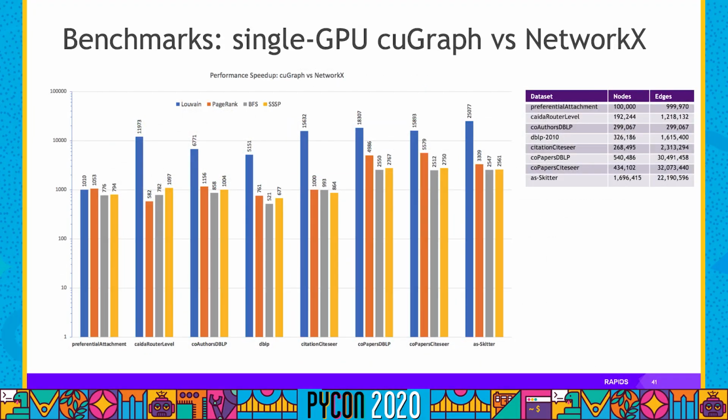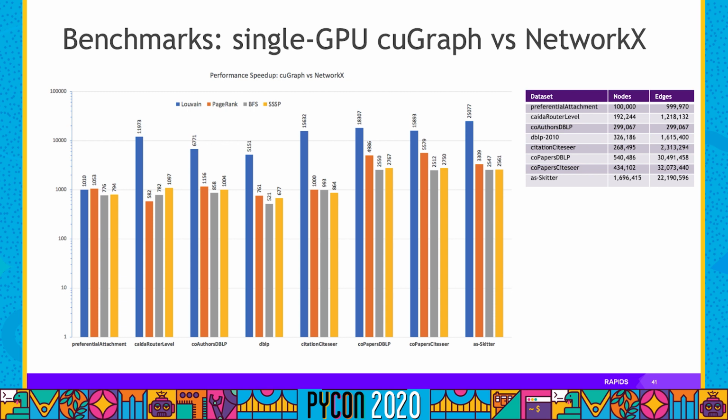I'm going to show you some code, but just a few benchmarks before we get started. This is single GPU versus NetworkX. Right, so we're single to single. I know we talked a lot about scale out, but the reason we're talking about this is it applies to so many data scientists and Python data analytics users that we talk to.